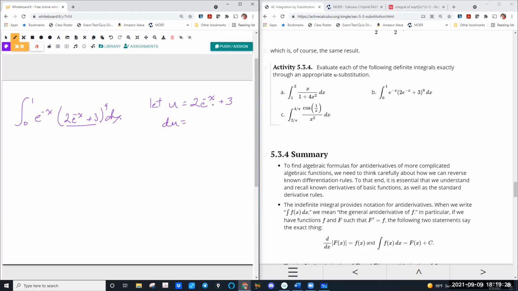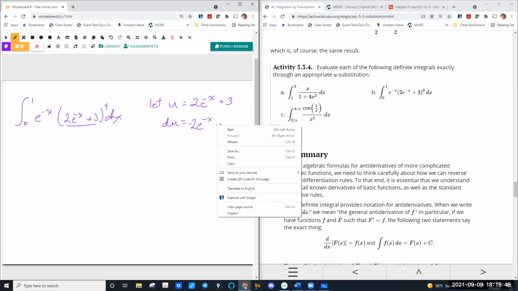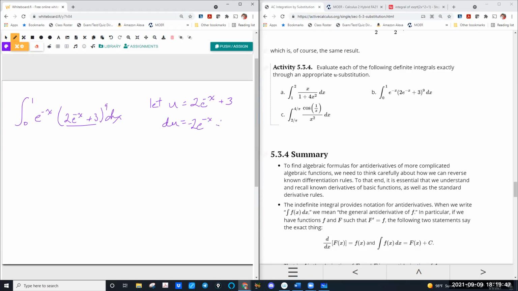The derivative of an exponential is itself times the derivative of the exponent. That comes from our chain rule. So I know the du is 2e to the negative x times the derivative of negative x, which is -1. The derivative of 3 by itself is just 0. So I can put the dx up. Let's clean that up a little. And as I'm going through this, if you have questions, let me know.